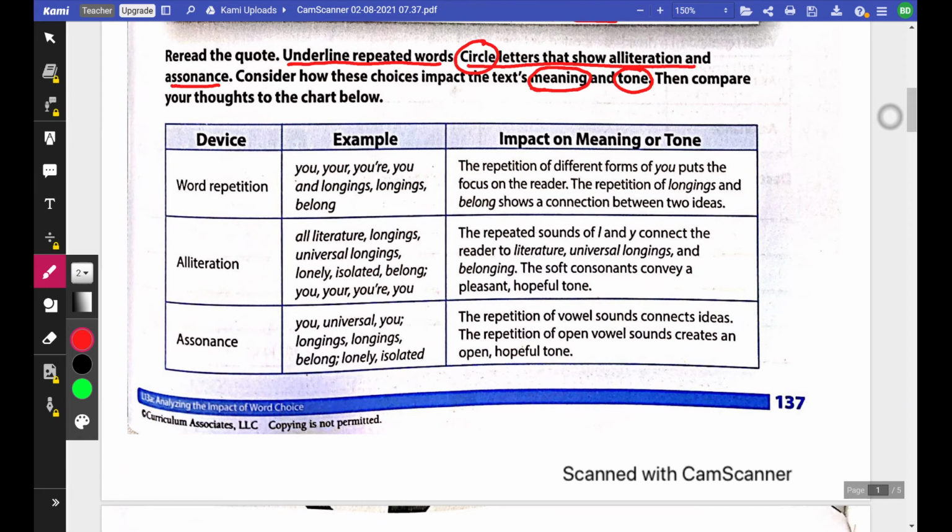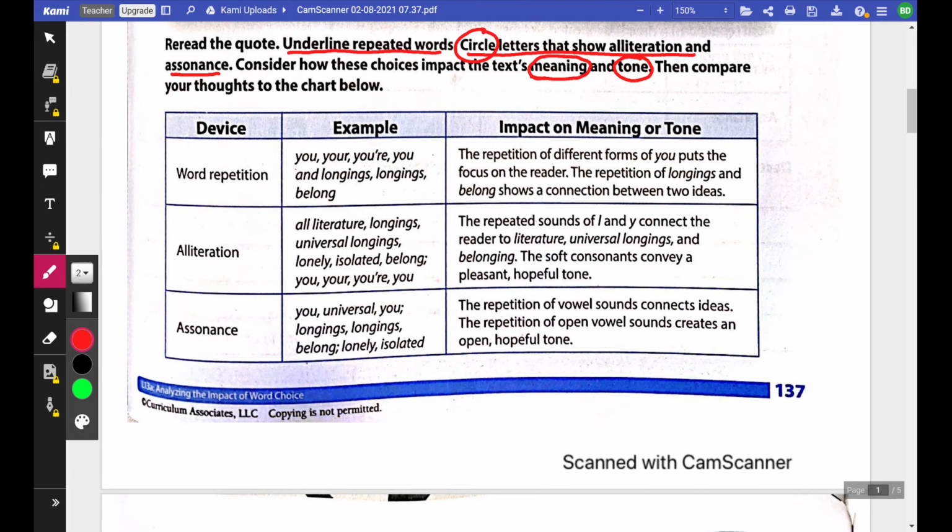The chart is broken up into three columns. Our first column focuses on our device. These are different types of sound devices: word repetition, alliteration, assonance. And then we have our example from the Fitzgerald quote. And then we have the impact on meaning or tone. What this is focused on is how the word choice affects the meaning or tone.